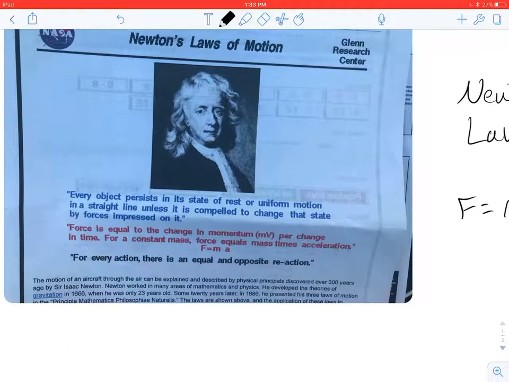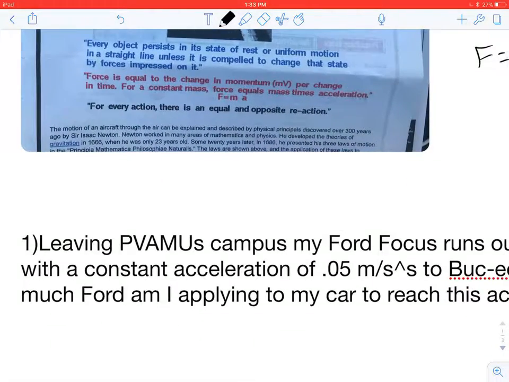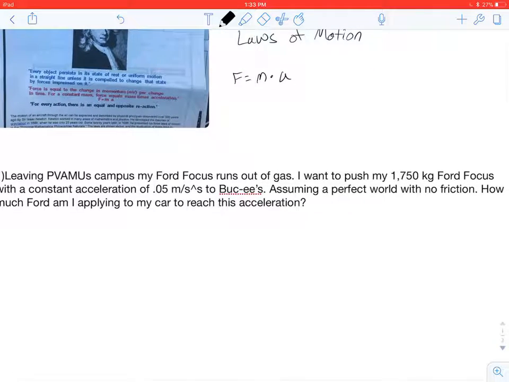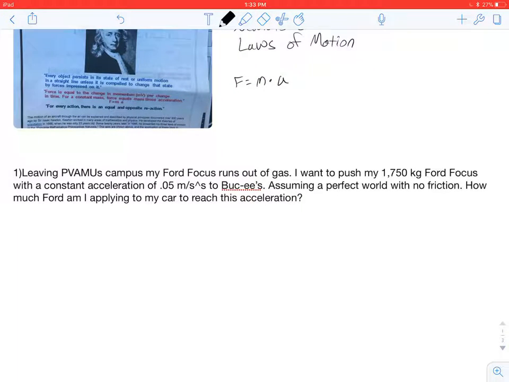So for problem 1, let's say I'm leaving Prairie View's campus and my Ford Focus runs out of gas. I want to push my car, which weighs 1,750 kilograms, with a constant acceleration of 0.05 meters per second squared to Buc-ee's to refill my gas.